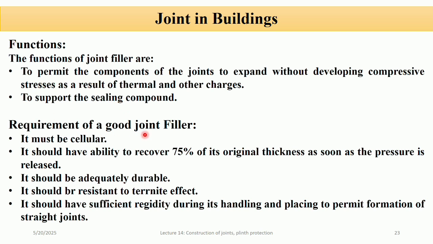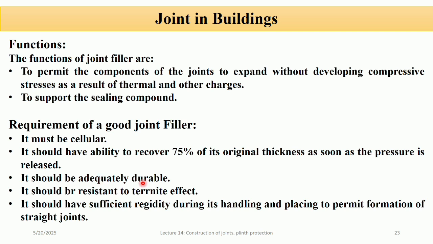The requirements of a good joint filler are: it must be cellular. The material should have a cellular or sponge-like structure to ensure it can be easily compressed and regain its shape when the pressure is reduced. It should have the ability to recover 75% of its original thickness as soon as the pressure is released.